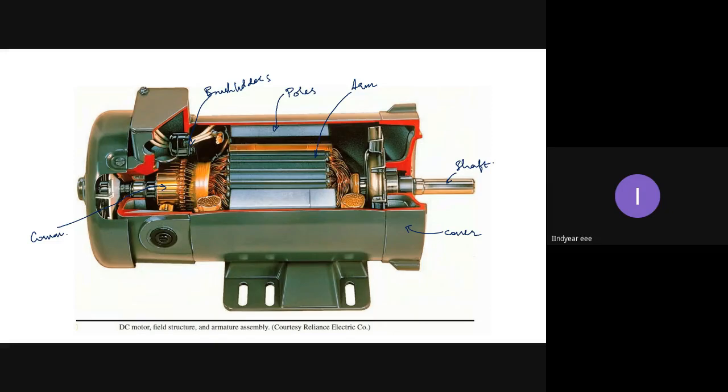These are field coils. These are armature conductors. Here we have bearings.